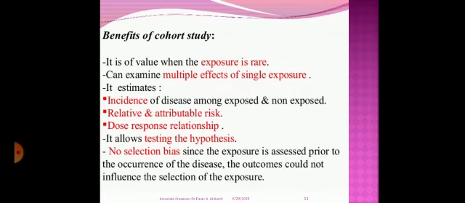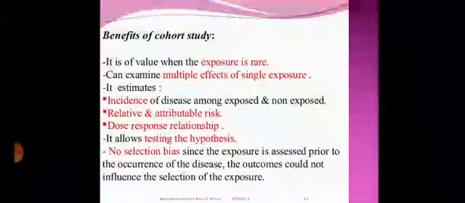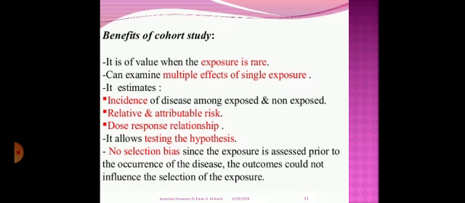We mentioned that in the case control study, we cannot measure the incidence or the prevalence because we don't have a total population. We have a sample of cases. They have already developed the disease, and we compare them with controls. While in cohort, we are going to have a population.